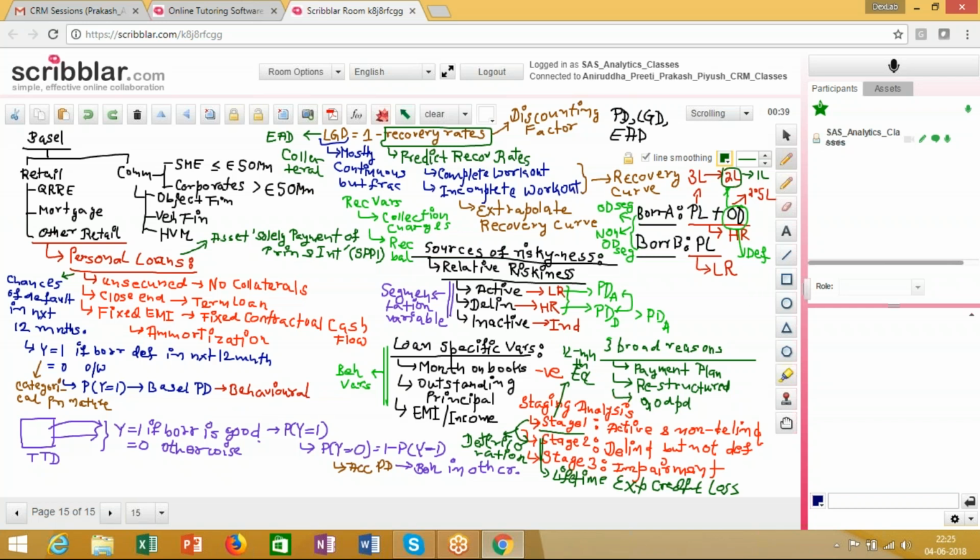How would you distinguish between retail and commercial portfolios, and what are the key characteristics? Also, why is staging important in IFRS 9? Why do we require an acquisition PD and a behavior PD? How does the acquisition PD come into play and how is it used in IFRS 9? Why is the acquisition PD not used in the behavior models?